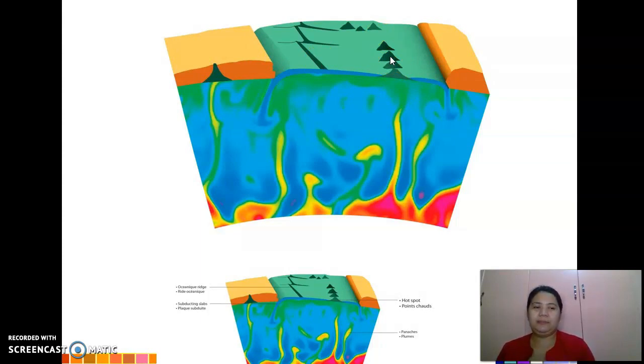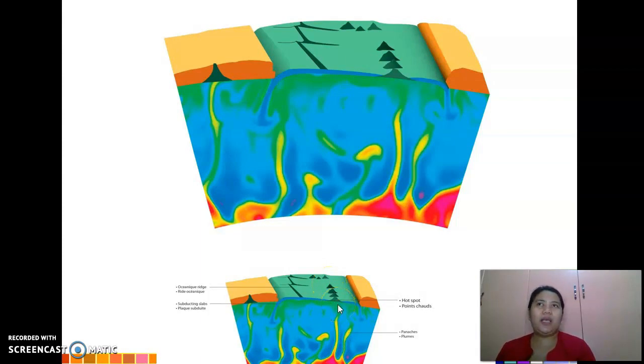Now, if it continuously releases magma in a particular area, you call that a hot spot. Again, sometimes a mantle plume ceases or stops supplying magma, but a hot spot is the region where the mantle plume continuously supplies magma, such as Hawaii.